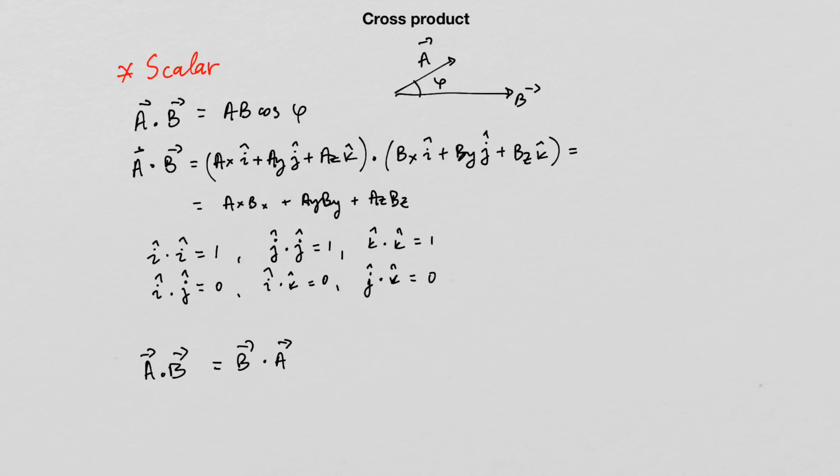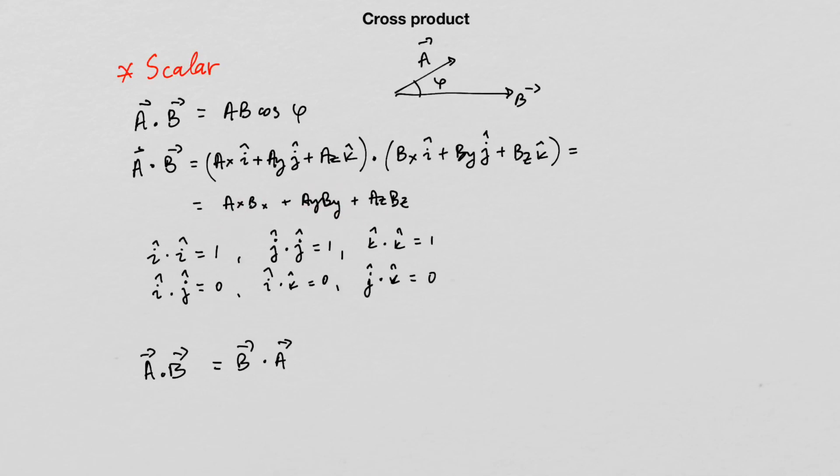However, if you do not know those quantities, but you know the vectors in unit vector presentation, then you can do the dot product, and the result will be the sum of the products of the components along the same directions for each vector. So ax bx, ay by, az bz.